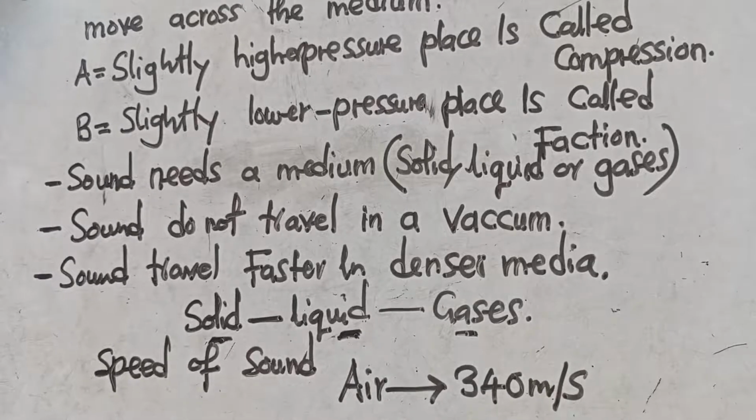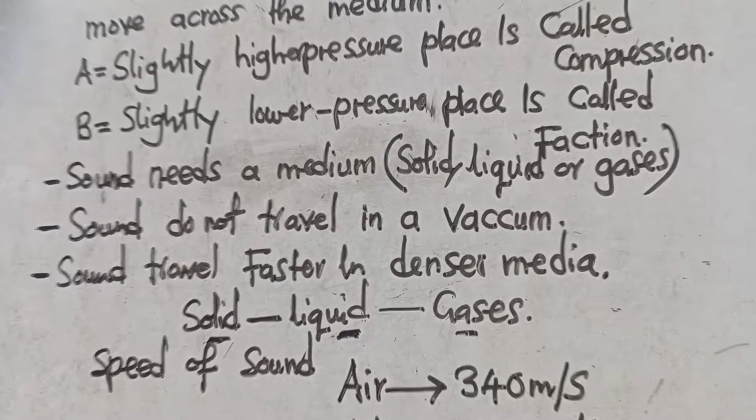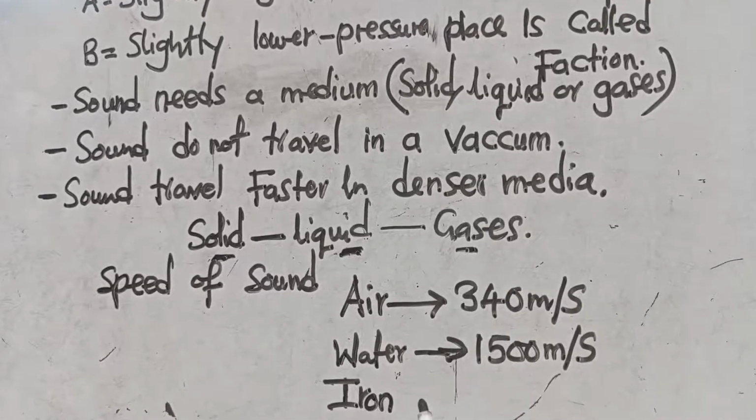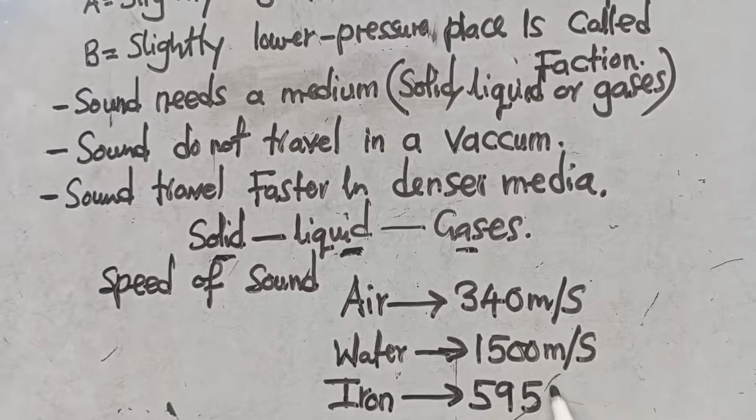But when we are talking about water, in water it is about 1,500 meters per second. When we go to a solid, let's say iron, in iron it is about 5950 meters per second.